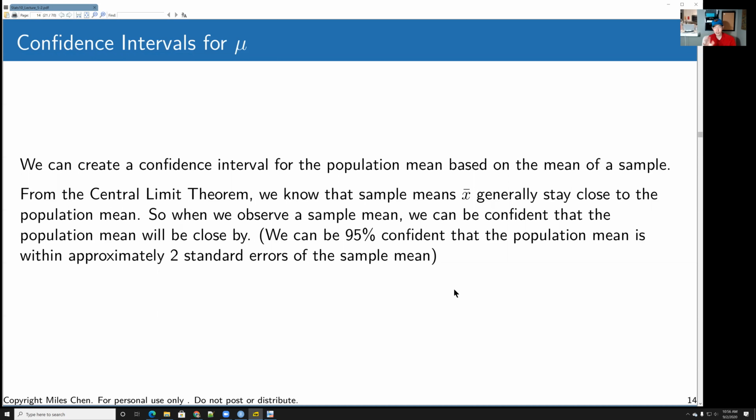Again, the logic is that because we know the dog likes to stay close to its owner, whenever you see the dog, you can be confident that the owner is nearby. Similarly, from the central limit theorem, we know x bar stays close to the population mean, and so wherever we see x bar, we know that the population mean has to be close by.